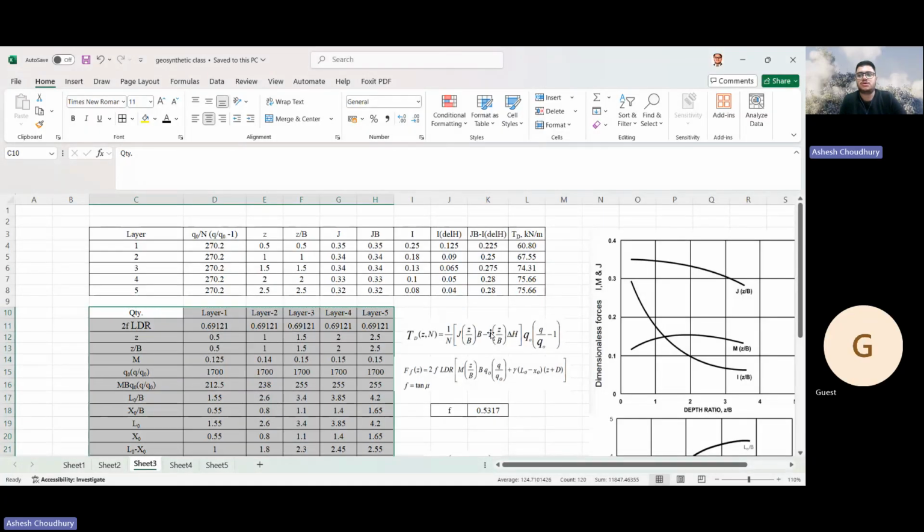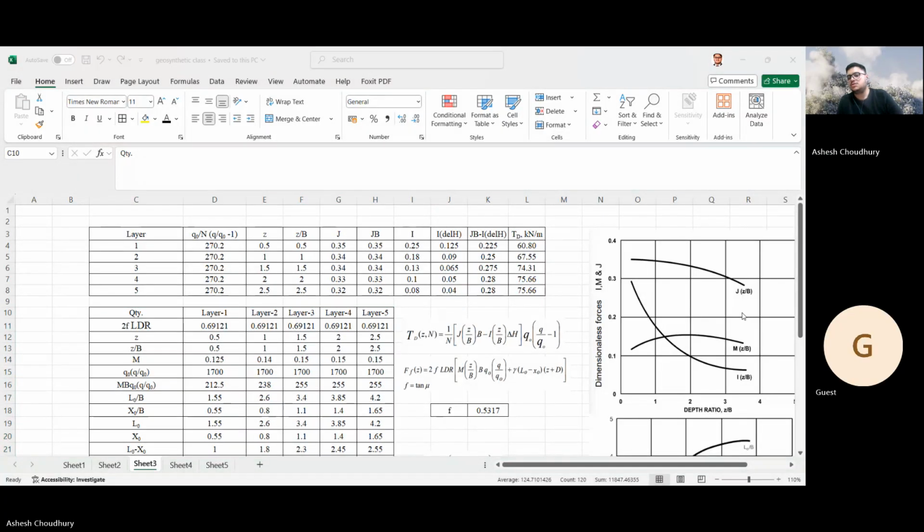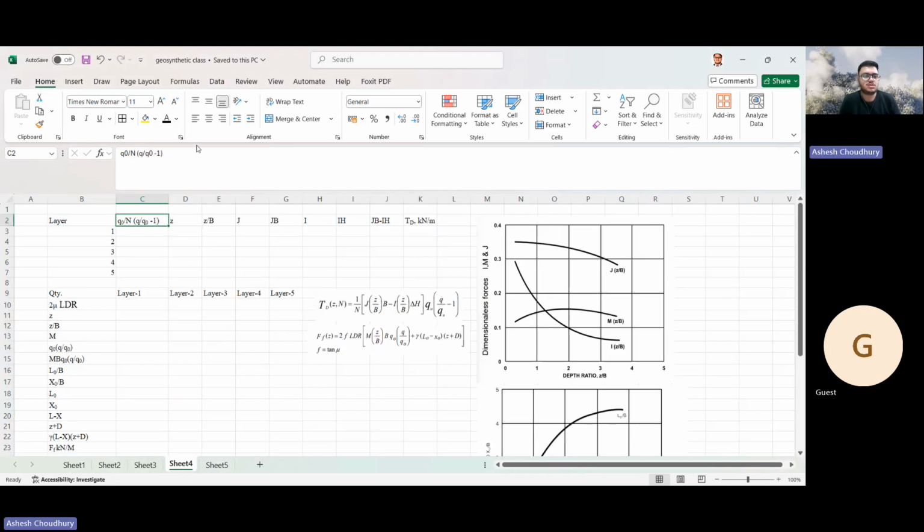So this we already did. Next, everything is the same. Now my Q naught has changed, right? It's 213.68, so it is 213.68 by 5 times Q by Q naught. What is Q?